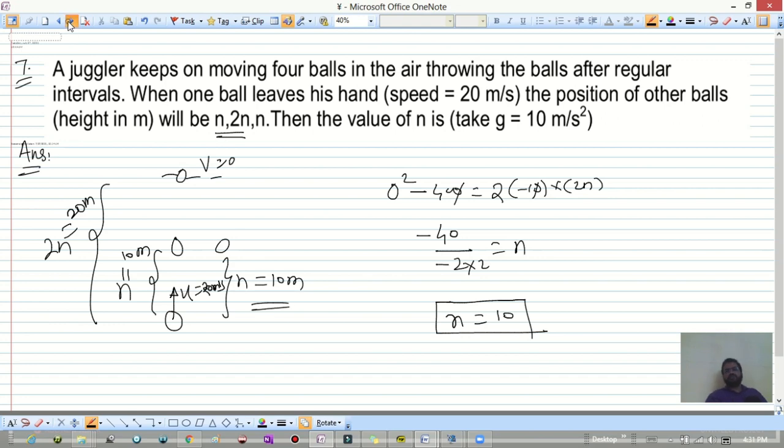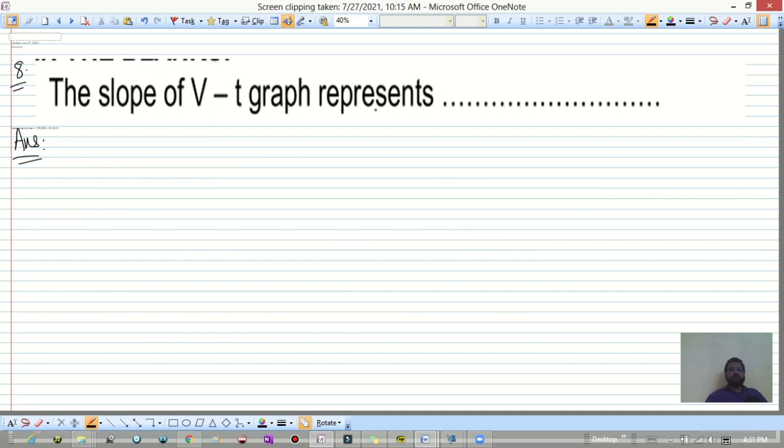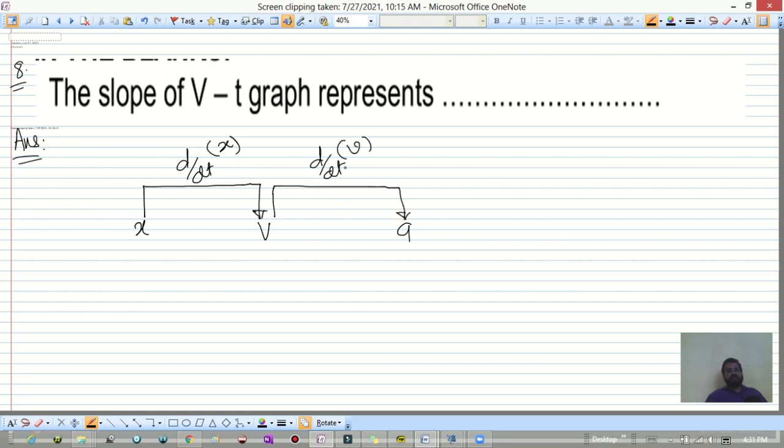Now the next question: the slope of the VT graph represents... see here you need to remember. If you differentiate x with respect to time, that is position with respect to time, you will get velocity. If you differentiate velocity with respect to time, you will get acceleration.